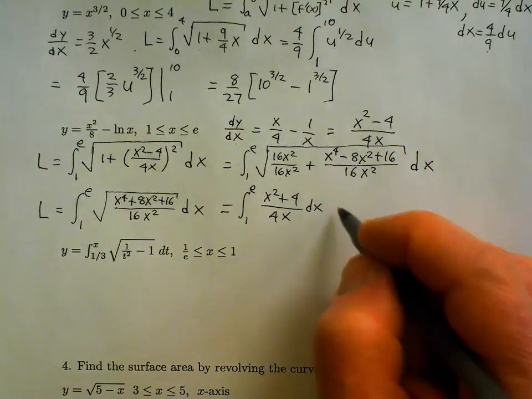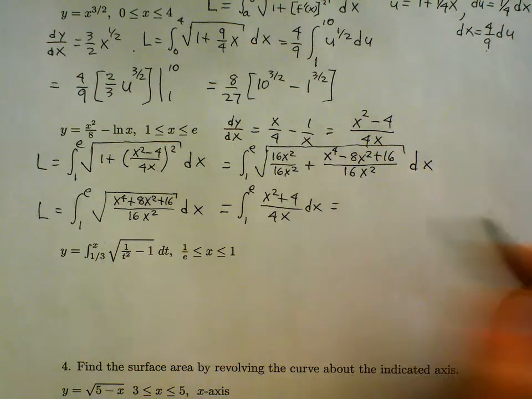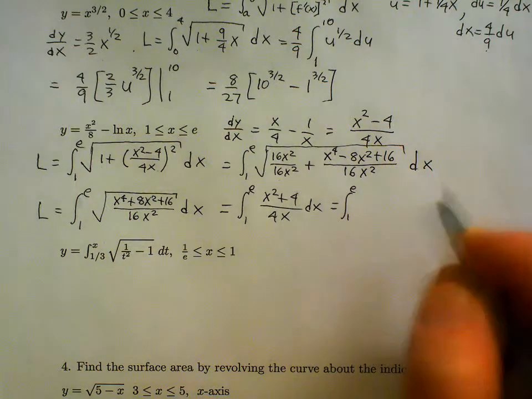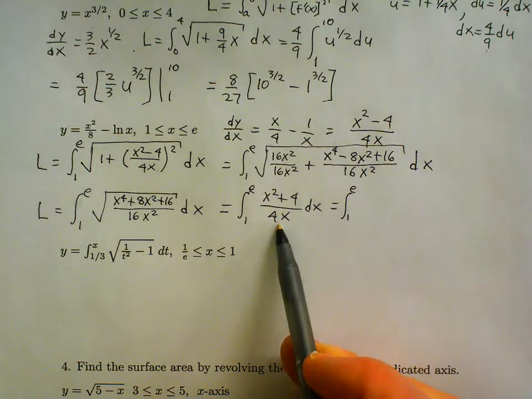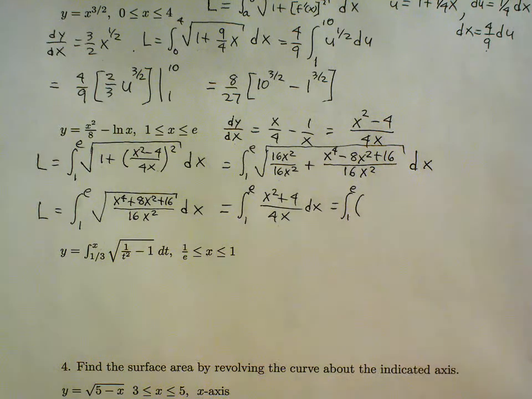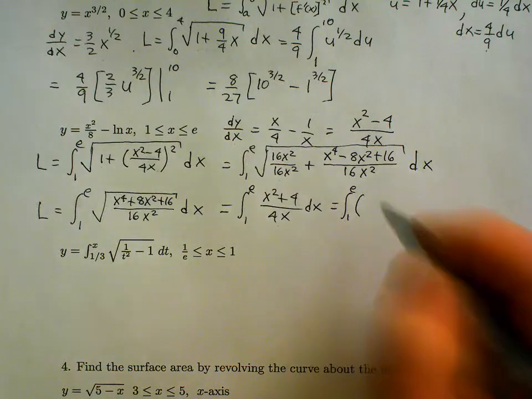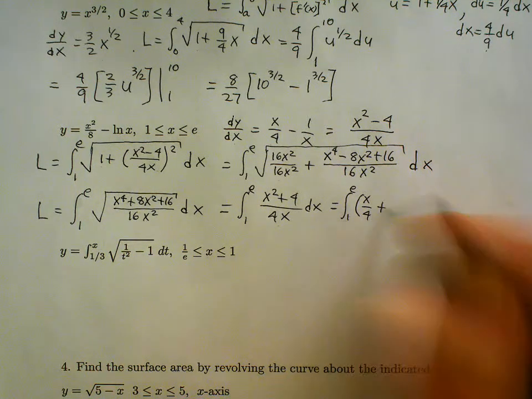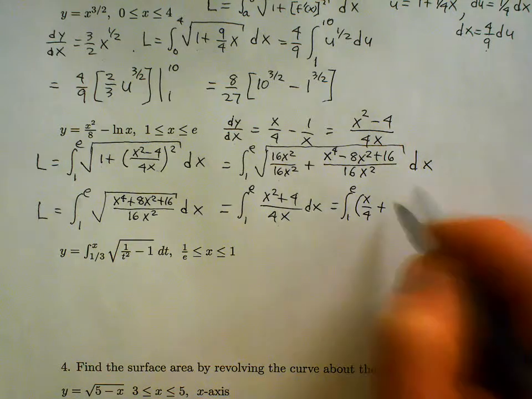Okay, then we can simplify the integrand a little bit. Since the denominator has a single term in it, x squared divided by 4x is just x over 4. And 4 over 4x is 1 over x.